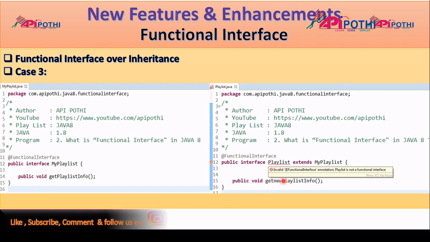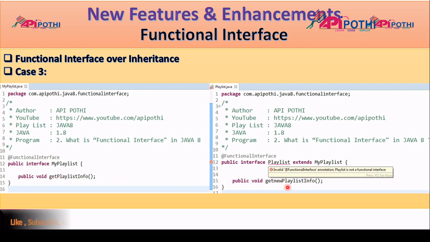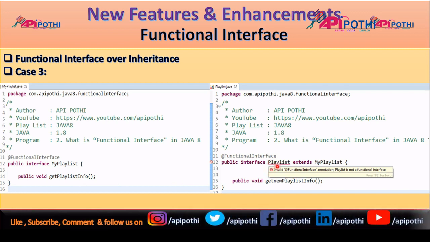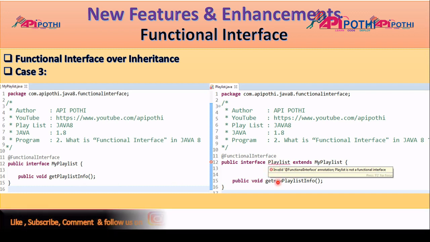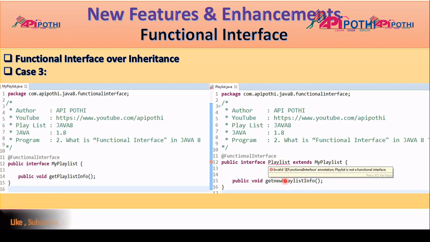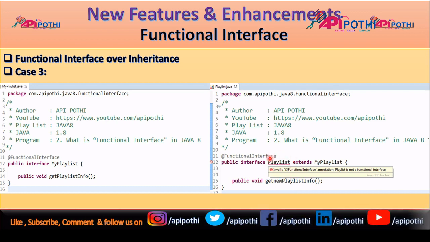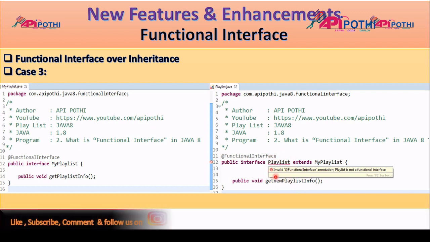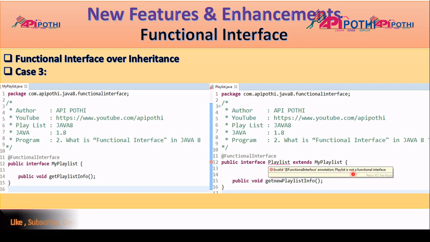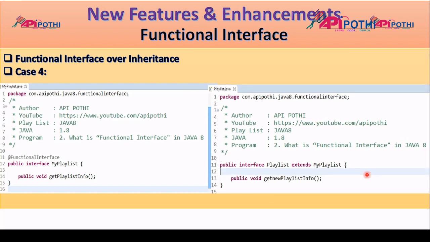One is getNewPlaylistInfo, and another is getPlaylistInfo. So as per the rule of functional interface, Playlist should contain only one unimplemented method, but in this case Playlist contains two. That is the reason this interface is no longer called a functional interface, and you are getting the compilation error. Okay, so it goes false.